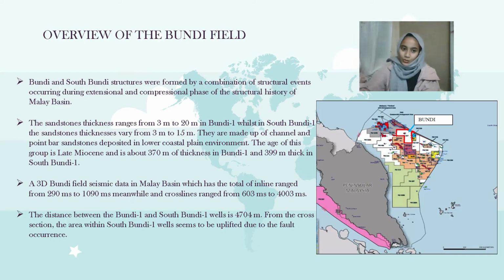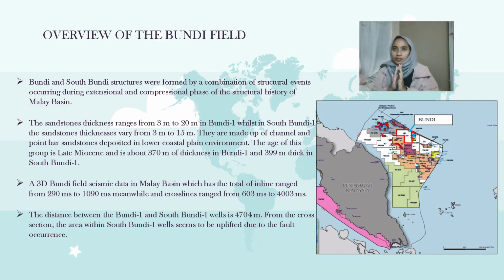Proceeding to the overview of the Bundi Field. Bundi and South Bundi were formed by the combination of structural events that I explained in the previous slide, such as the thermal subsidence, the extension, and the compression.